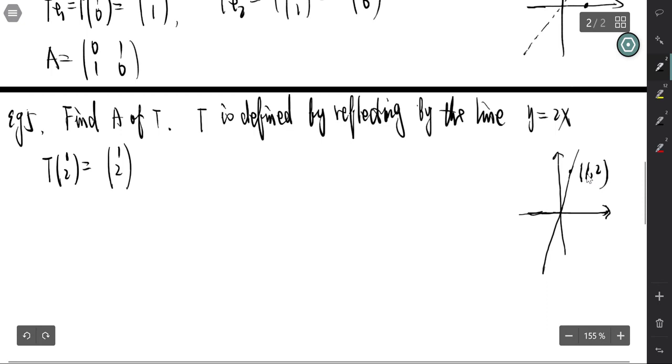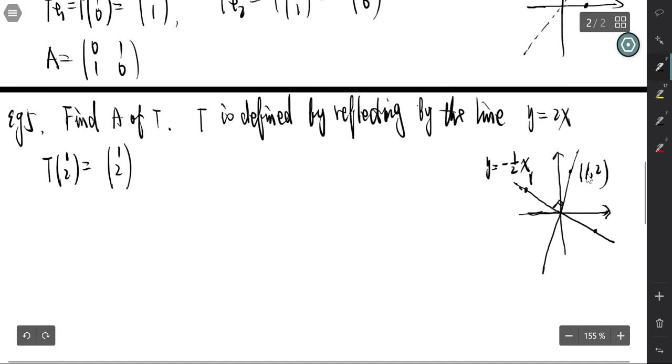We use the normal line of the original line, crossing the origin. So this line is y equals -1/2 x by the relation of perpendicular lines. So any point on this line changes the signs of its coordinates.